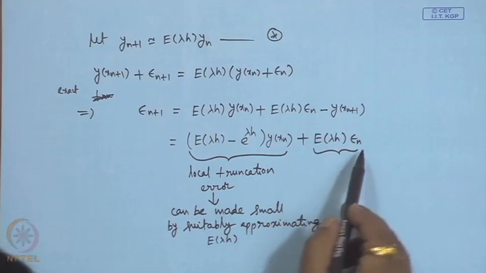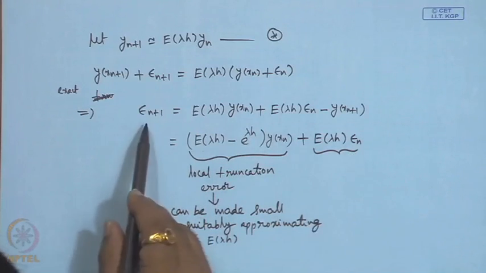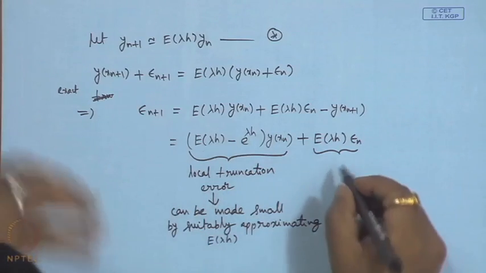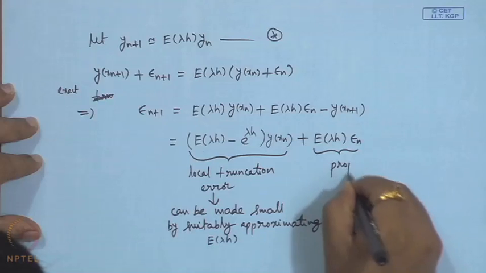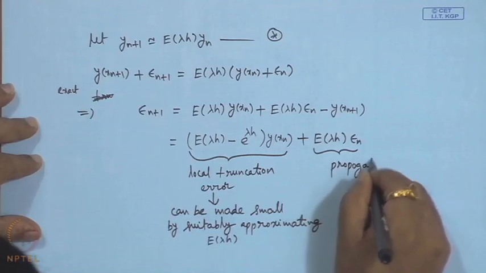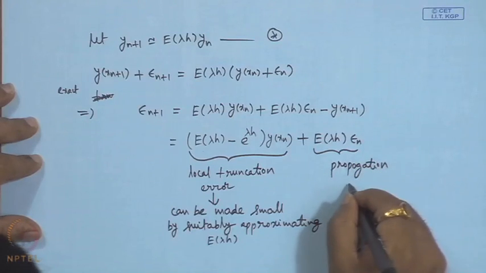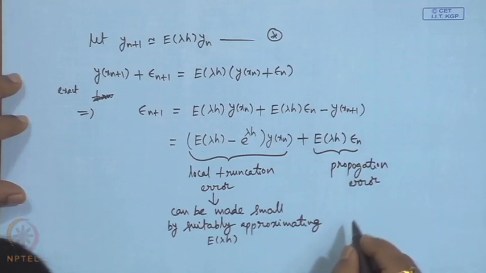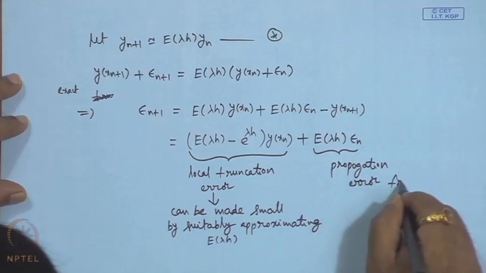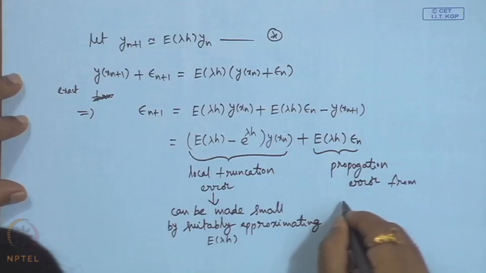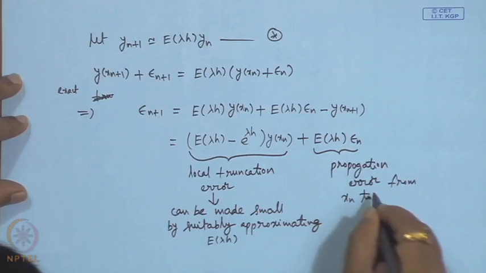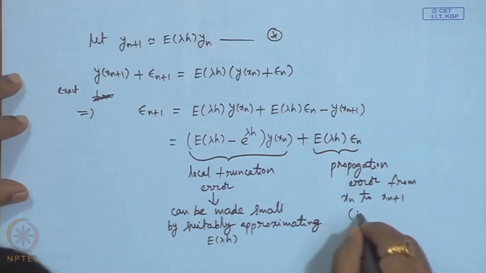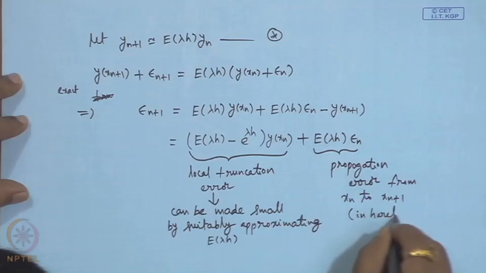See, this is approximation and this is the error at n stage, and that is contributing to error at n plus 1 stage. Therefore, this must be the propagation error. So, what is the propagation error? This is the propagation error from x n to x n plus 1, and this is inherited.